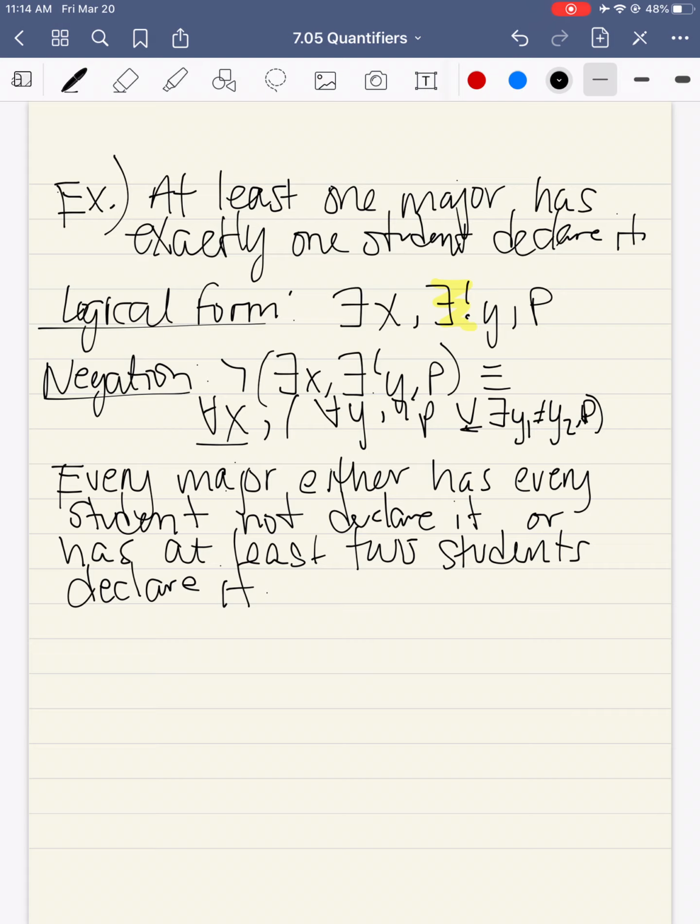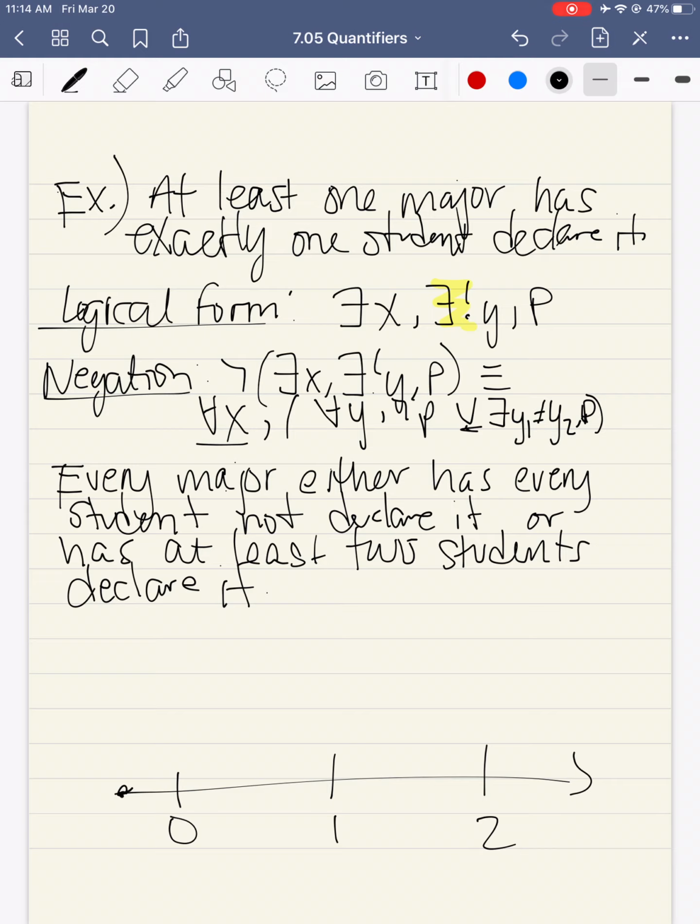If I draw this out, let's just do a number line here. So 0, 1, 2, and then so on. Well, we can't really have negative students declaring things, so we're going to have this ray going on.